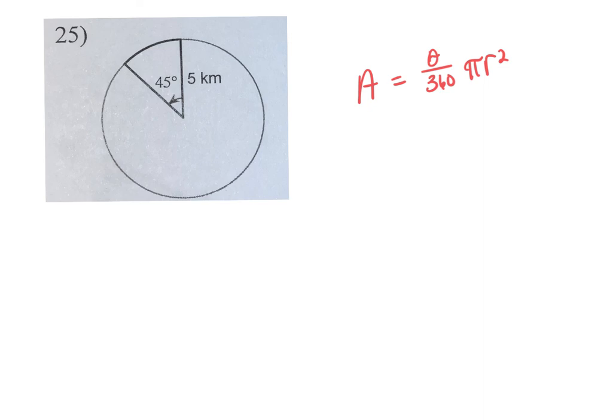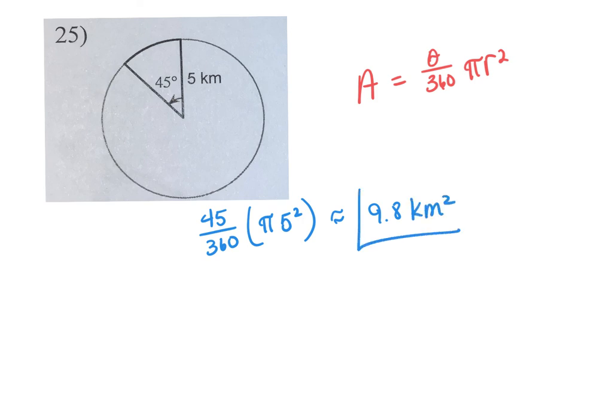My angle here is 45. 45 over 360 times pi, r is 5 squared. And again, this is in decimal form, so you just have to plug that in, all right? And here you should get 9.8. It is area, so this is also square units. It was kilometers. Area is going to be kilometers squared.